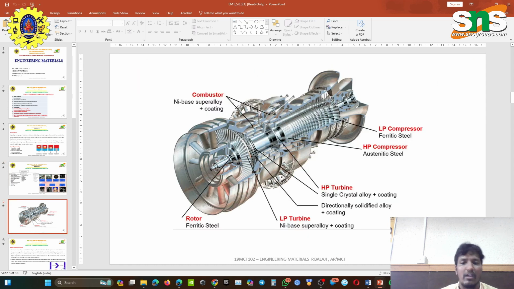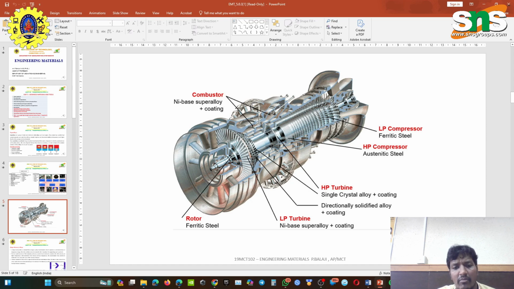On your screen we can see many components. For the HP compressor we can use austenitic steel, and for the LP compressor we can use ferritic steel. For the HP turbine we can use single crystal alloy plus coating, and directional solidified alloy with coating for the internal components.